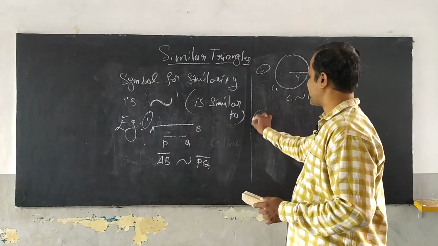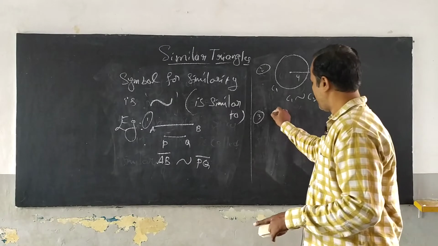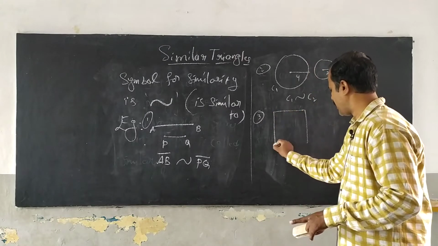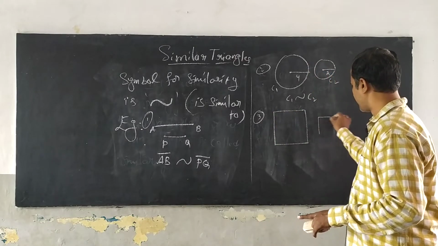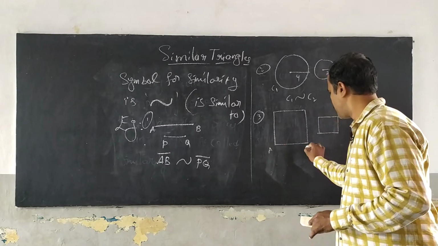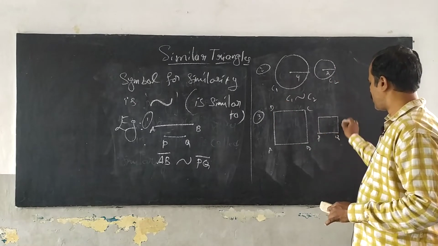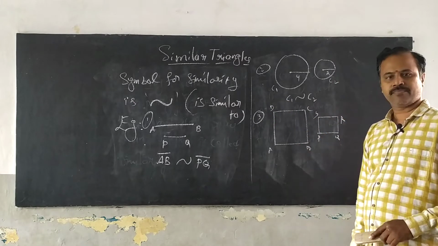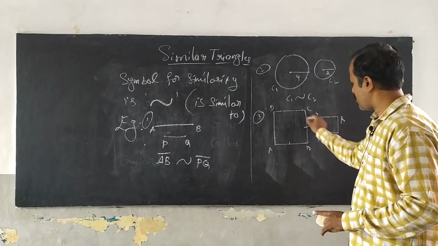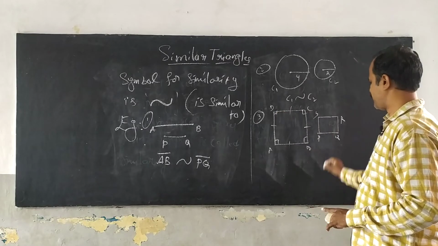Now coming to the third example. Let us take a square, which has all sides equal and all angles equal. I take two squares: one is ABCD and another is PQRS. In the first, all sides are equal and all angles are 90 degrees.